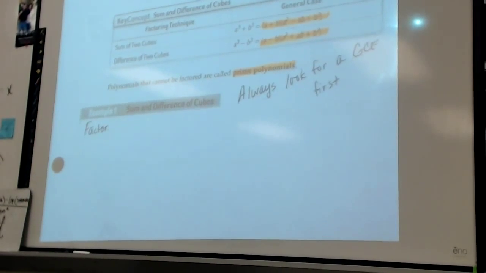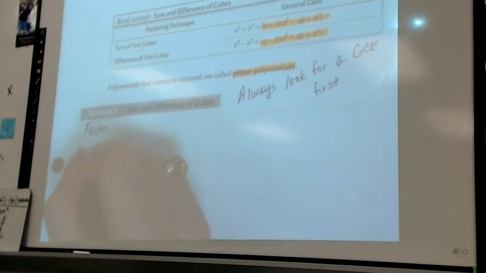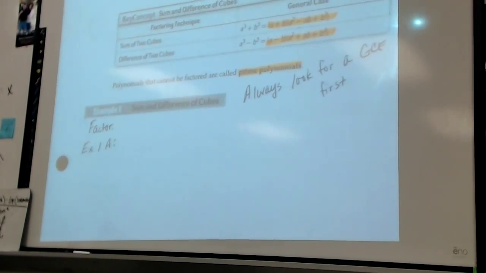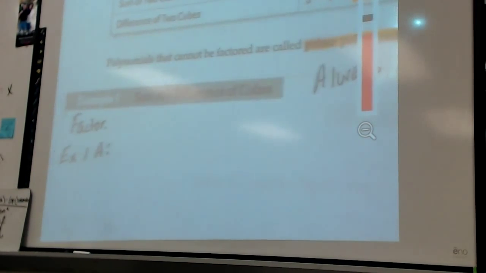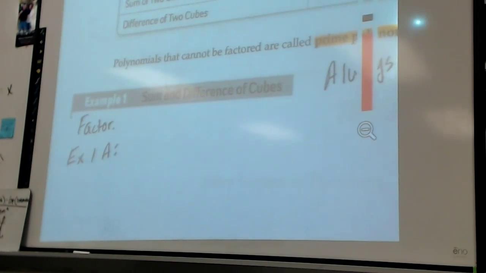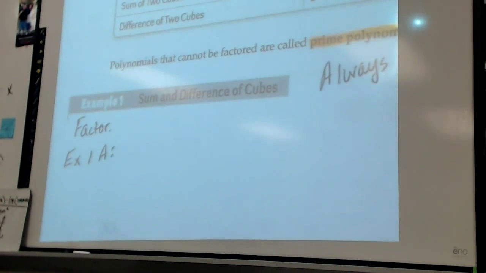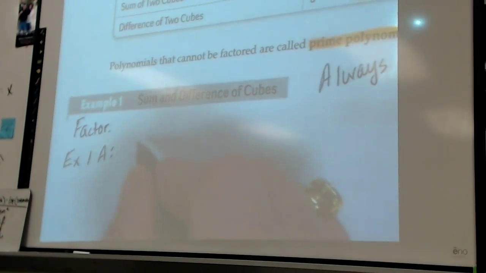We're going to get used to factoring first. So example 1A: 27m cubed minus 64.